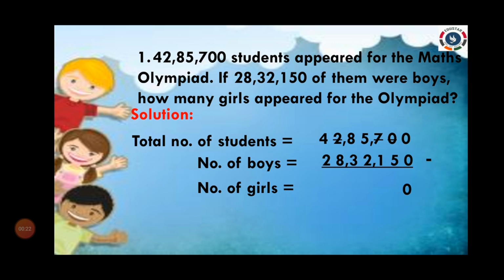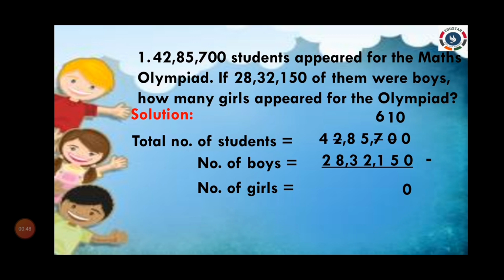So what do we have to do? The 0 borrows 1 from the nearby number. So the 7 gives 1, and the 7 becomes 6. That 1 moves to the next place, so it becomes 10. So 10 plus 0 becomes 10. Okay, so now the first value is the bigger one and the second value is the smaller one.